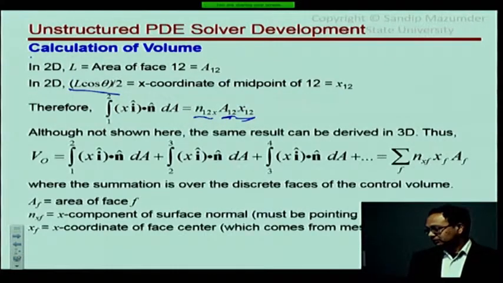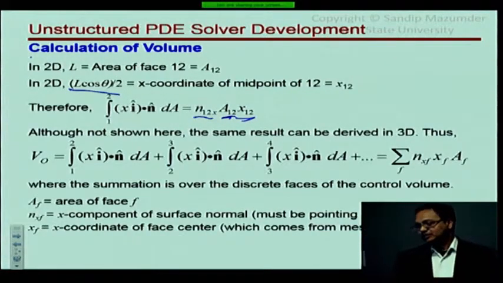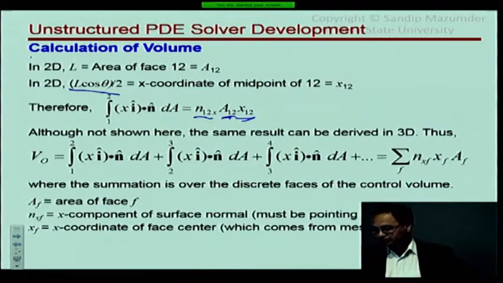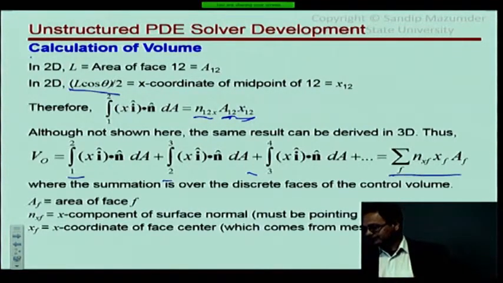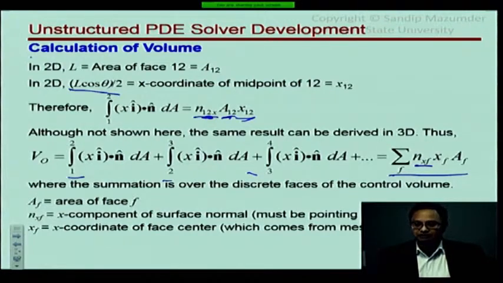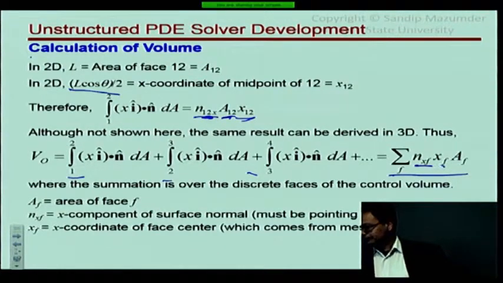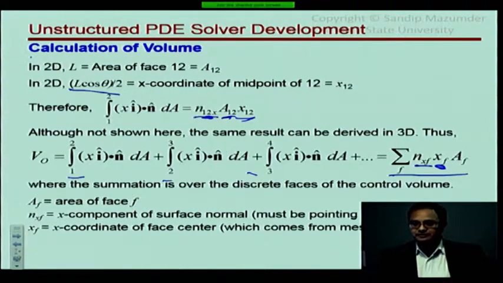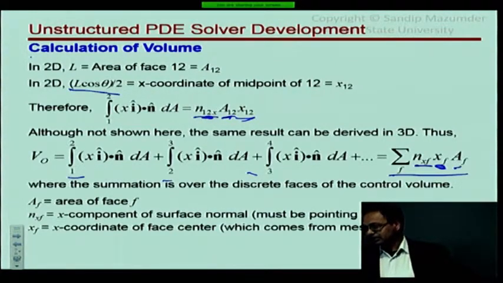So if I extend that to all 4 edges now, then I have basically 4 integrals, and I can write that as a summation over faces of n x f, the x component of the surface normal at a face, times the x coordinate of the midpoint of that face, times the area of the face.